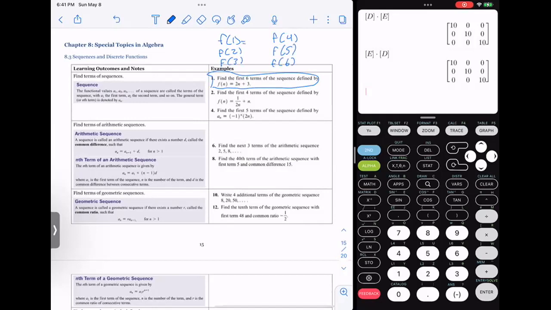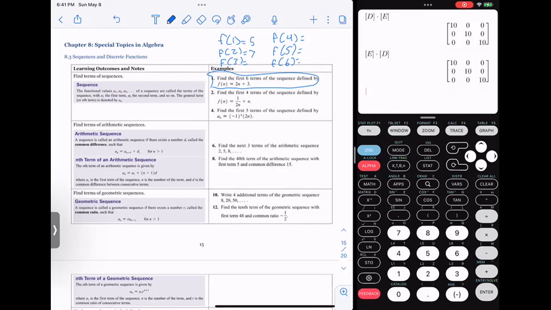And then we just solve. Those are our first 6 terms. For example, we plug in 1, we get 2 plus 3, it's 5, 2 times 2, which is 4 plus 3, 7, and etc.